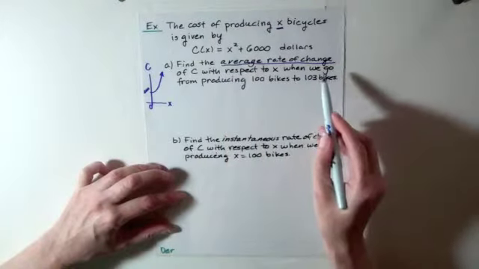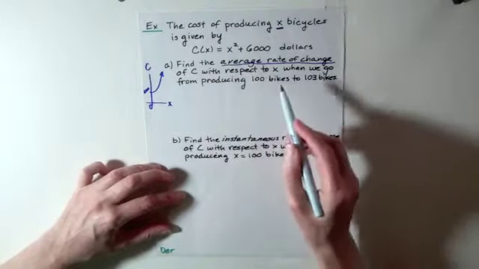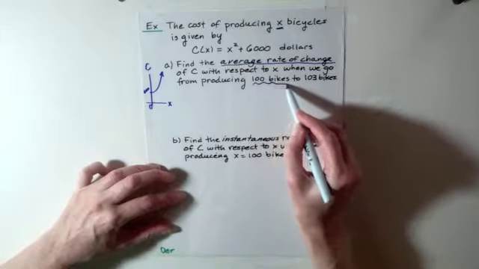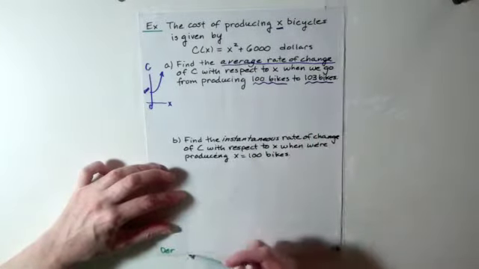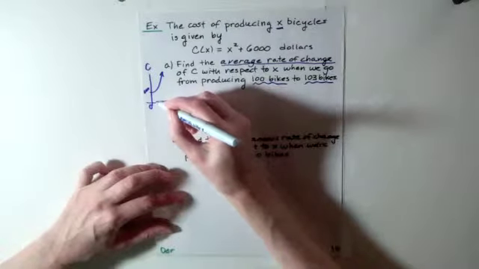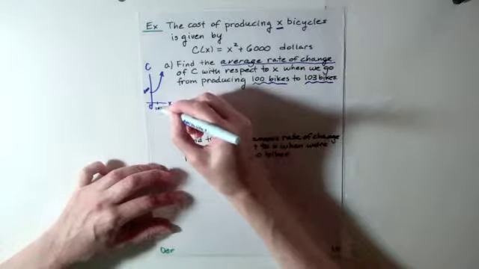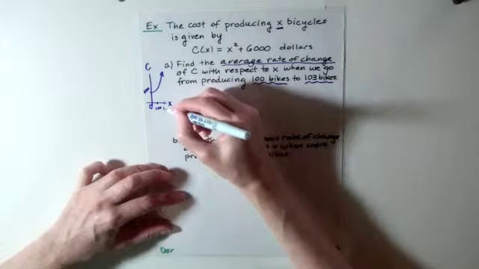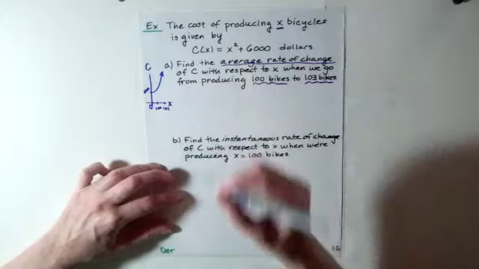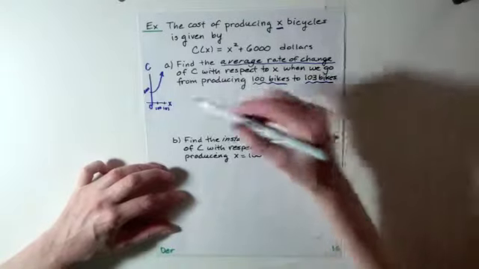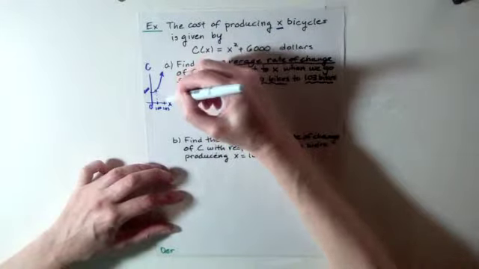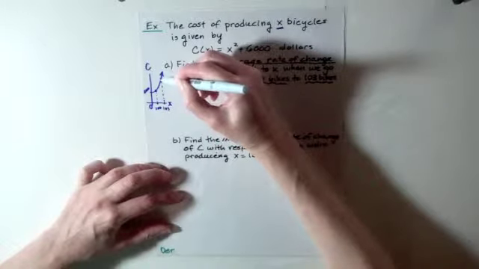We want the average rate of change of C with respect to X when we go from producing 100 bikes to 103 bikes. So somewhere along here is 100 bikes, and it corresponds to some cost. And somewhere along here is 103 bikes, and we want the average rate of change of C as we go from producing 100 bikes to 103 bikes.